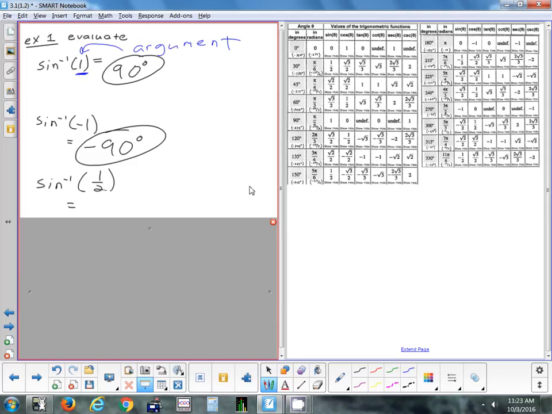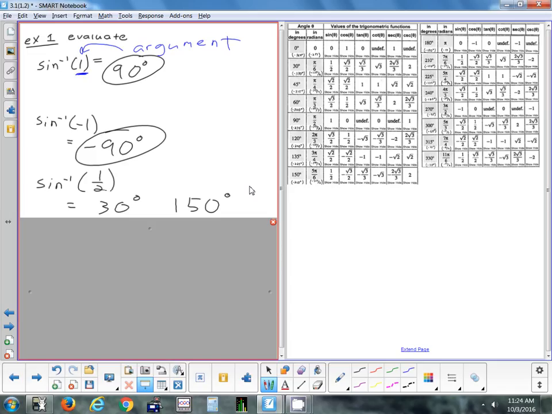Just to make sure everybody sees both answers. Sam, can you just give me one of them? 30 degrees. Yep. If you look at 30 degrees, you're going to see it there. And does anybody see where else it occurs? Shakira? It also occurs at 150. And of course, 150 is the same as negative 210. I'm not going to write that. And 30 is the same as negative 330.